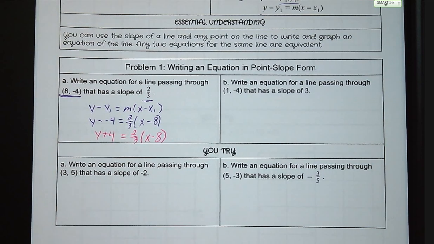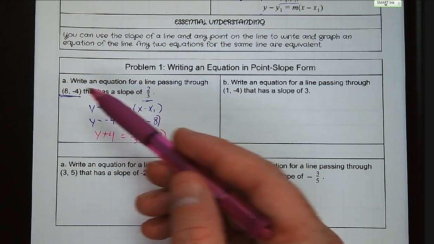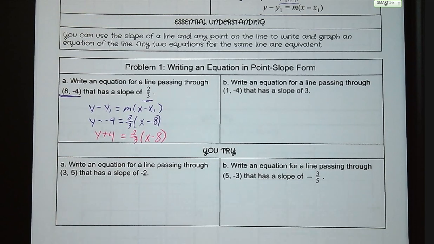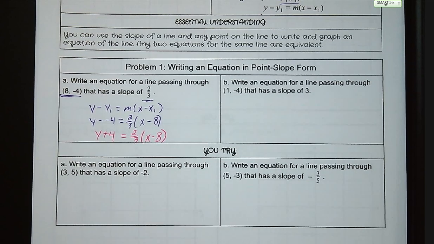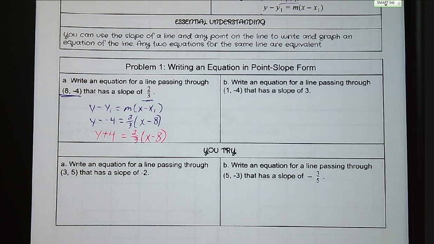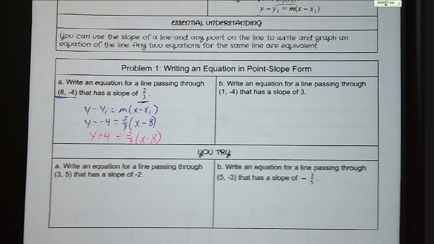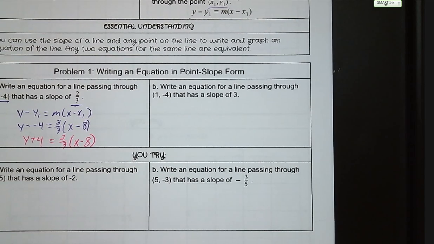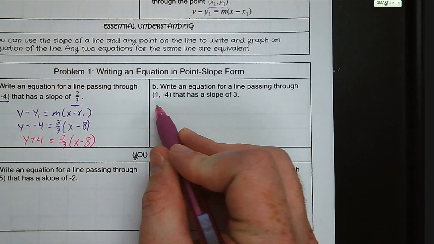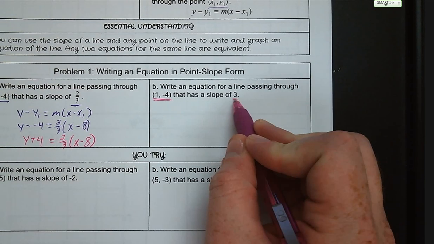And that is an equation in point slope form for the line that passes through (8, -4) with a slope of 2/3. And if all I ask you to do is write an equation for it and I don't specify what form I want it in, this would be a really good choice to make. All right, letter B, write an equation for the line passing through the point (1, -4) with a slope of 3.